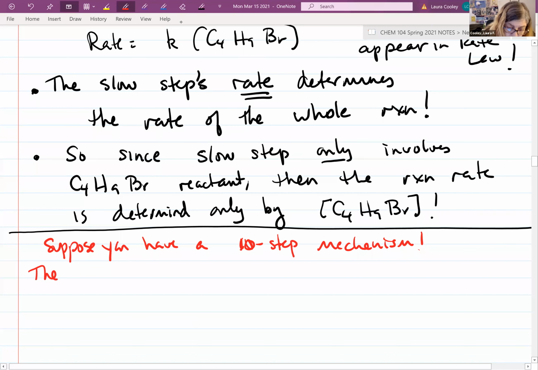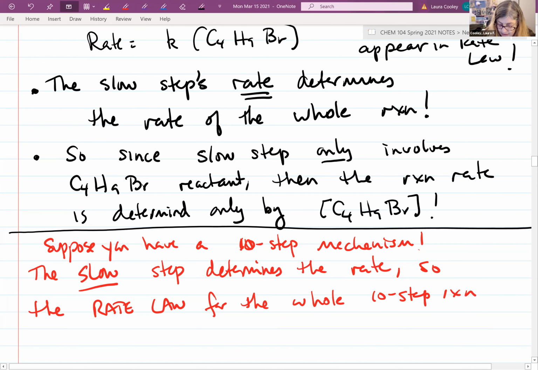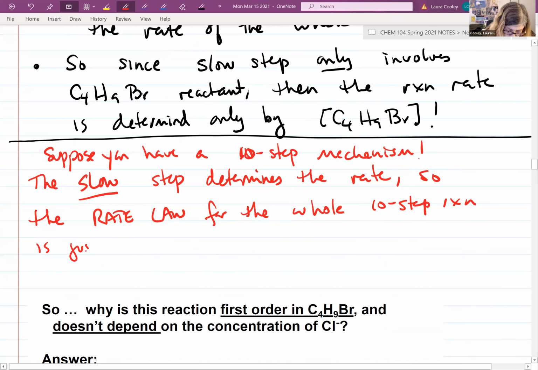The slow step determines the rate. So the rate law for the whole reaction, the whole 10 steps, is just the rate law for the slow step.